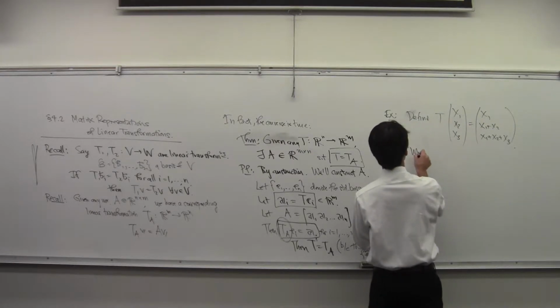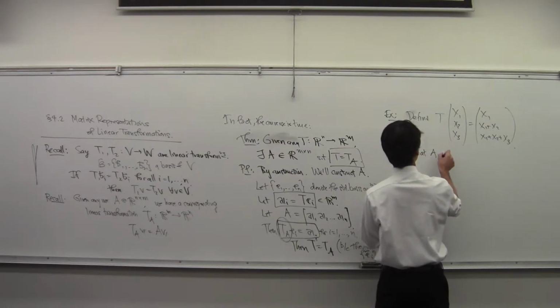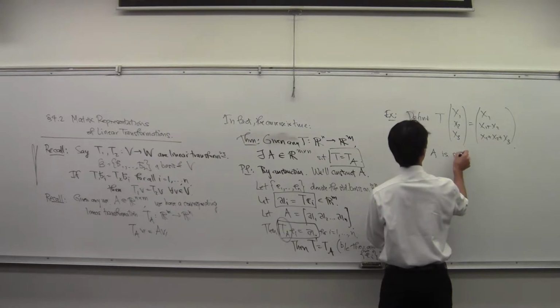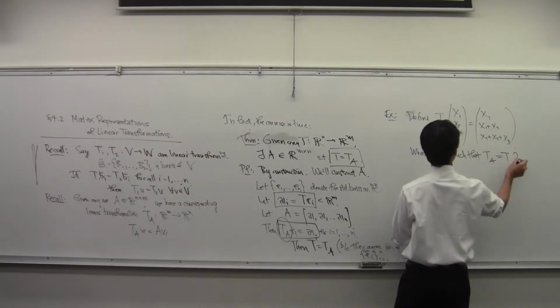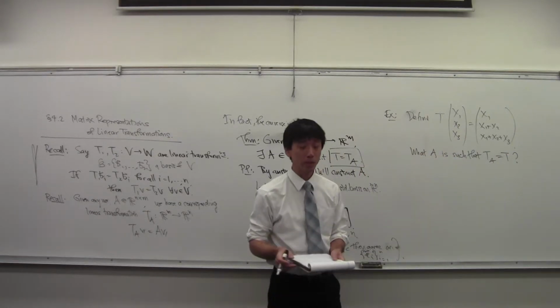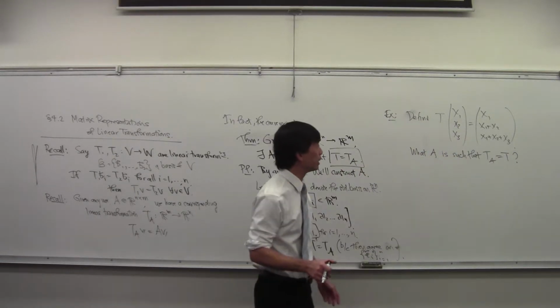So what A is such that T sub A and T are the same? What's the matrix representation of this T?